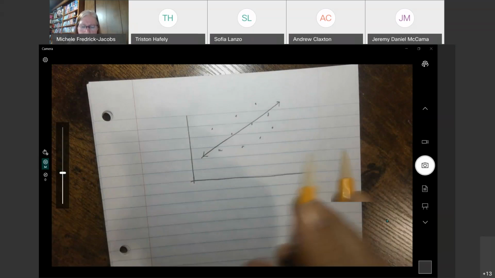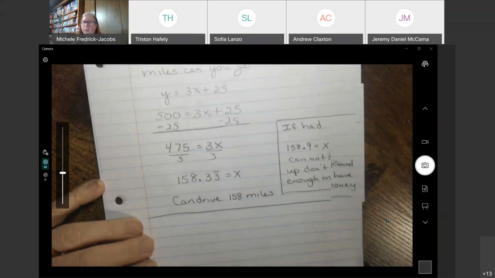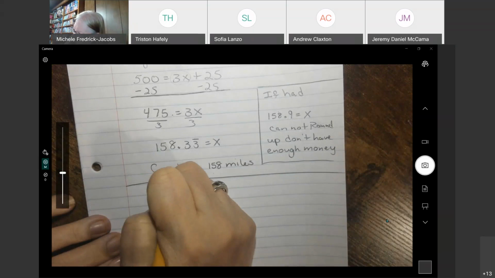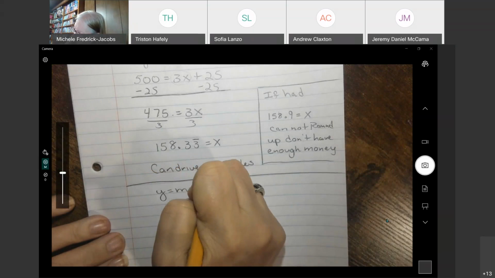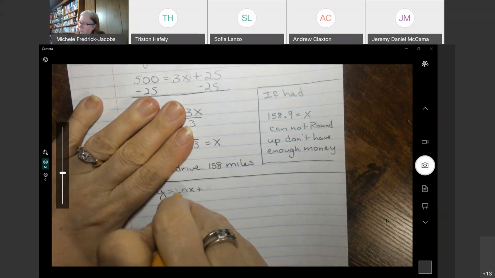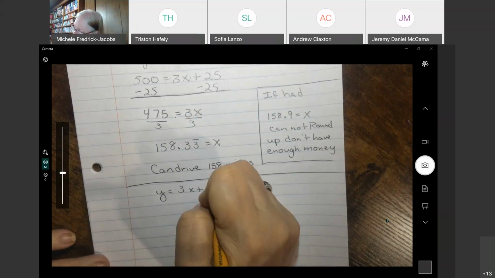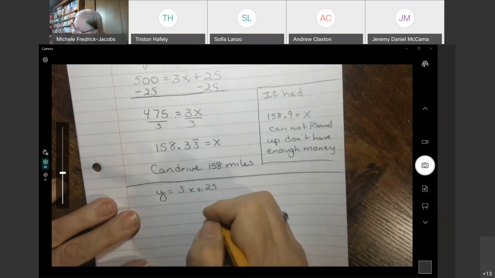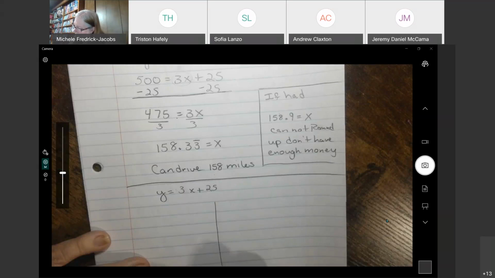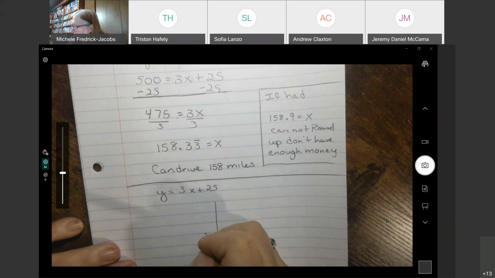Oh, this problem's not too big. I guess we could do this one. When you're graphing, we'll just say this is 25.